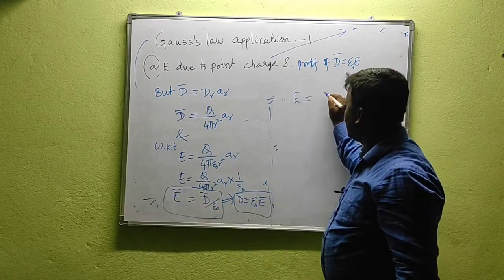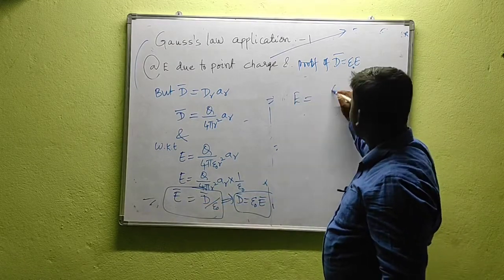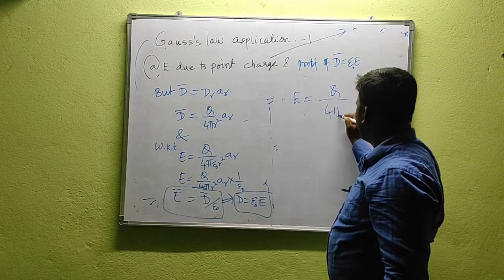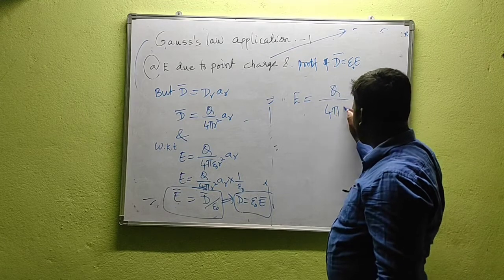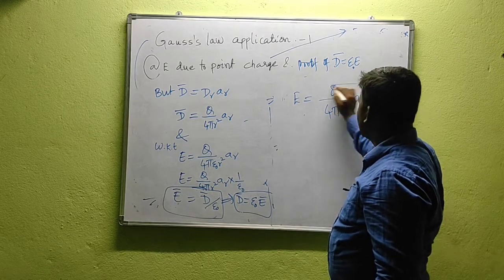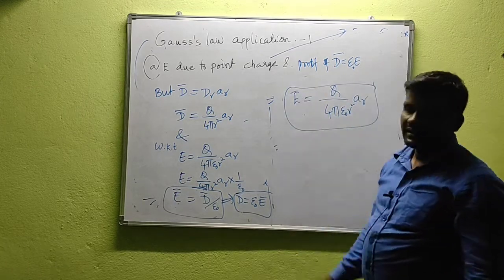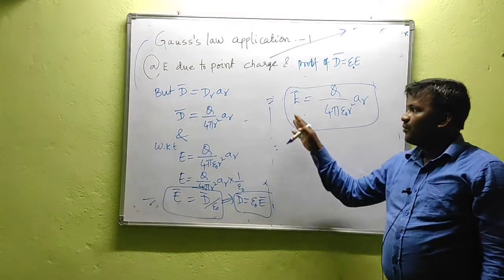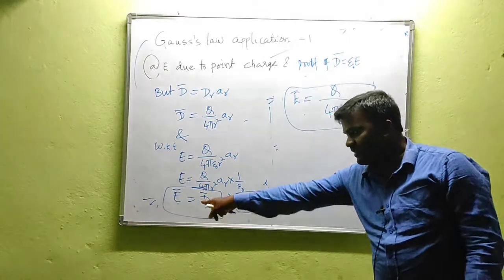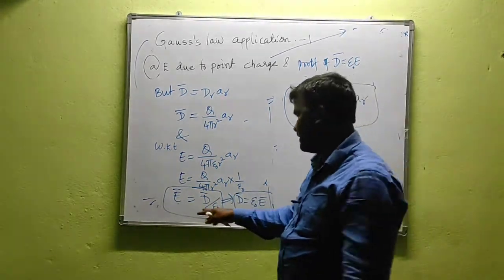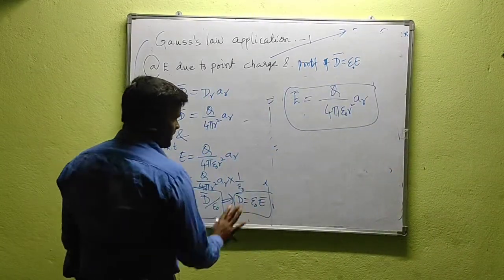E equals Q by 4 pi r square into AR by 1 by epsilon naught. I am writing that 1 by epsilon naught here. That means by using Gauss law, we can derive the electric field intensity due to a point charge as well as the relationship between E and D. The relation is E equals D by epsilon naught, or D equals epsilon naught E.